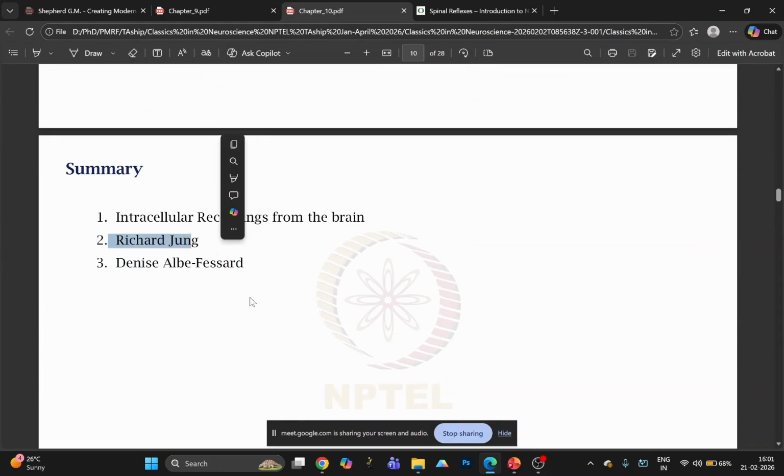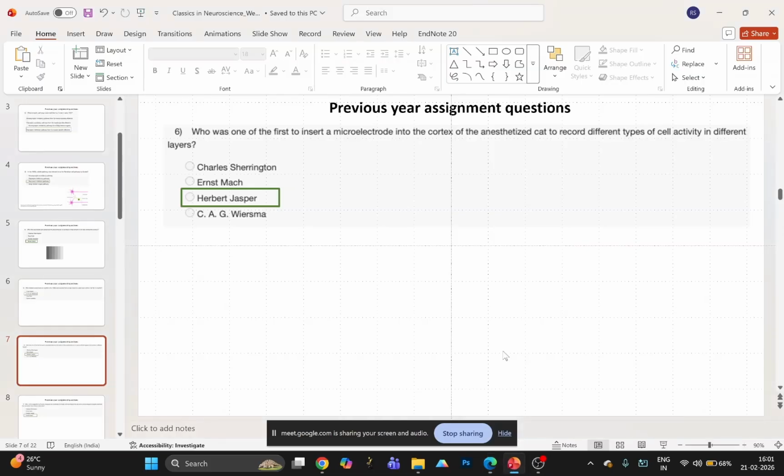Richard Young was a German who was the first to insert electrodes into the cortex and carry out recordings and so on. But the first to insert a microelectrode into the cortex of an anesthetized cat and record the different types of activities in different layers of the cortex, that was Herbert Jasper.